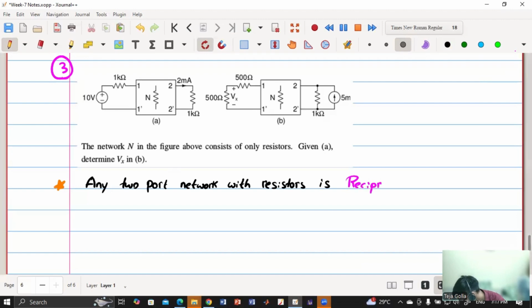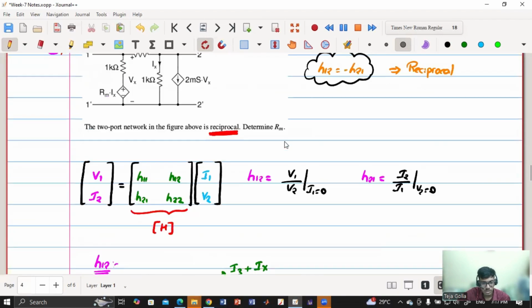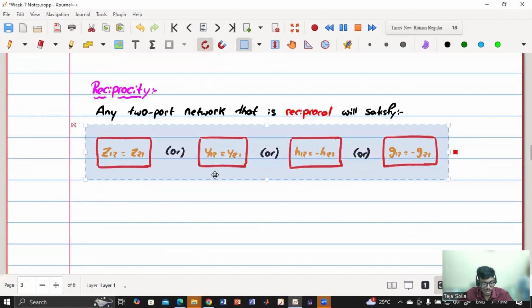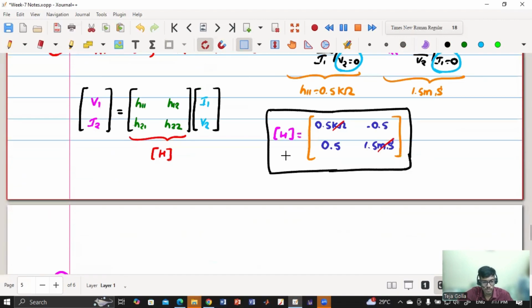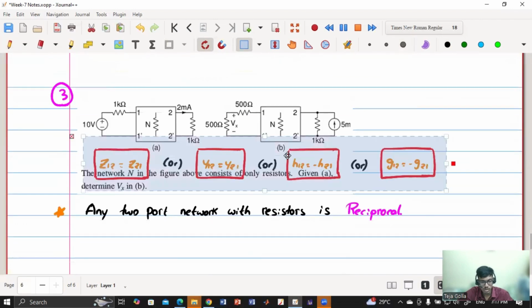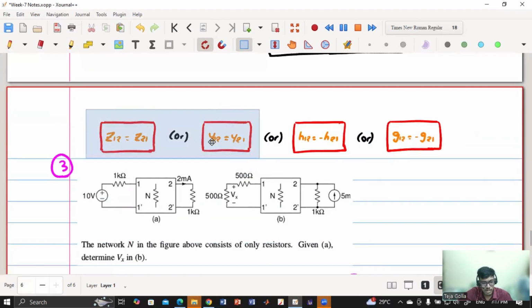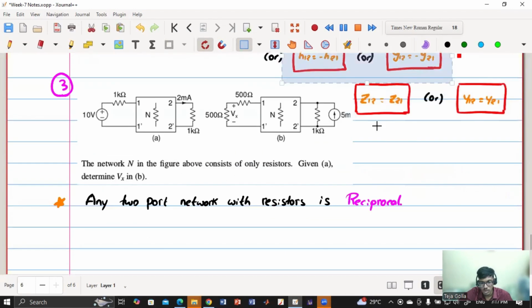So now we have to use the reciprocal results to solve this problem. If a system is reciprocal, we'll have these four parameter relationships.